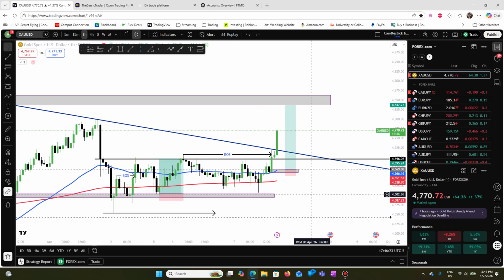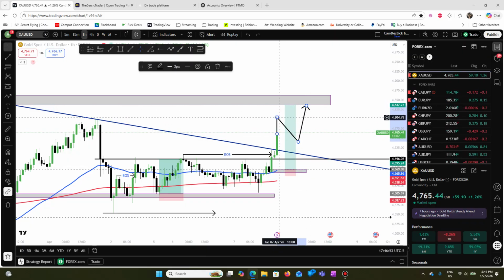In that case, if the market does not come back to our zone that we have identified right here, we're going to wait for it to create a new lower high, however it goes up, and then find the demand zone from that lower high when this high gets taken off.